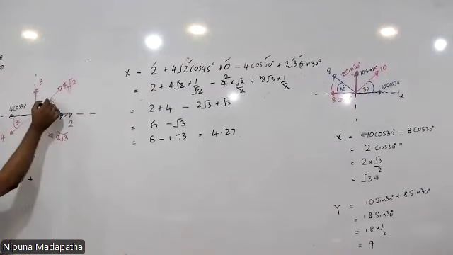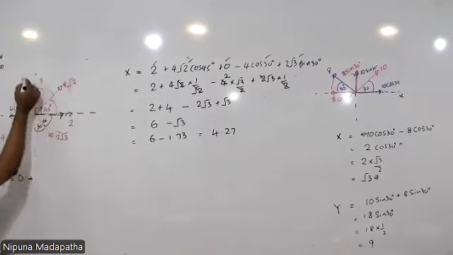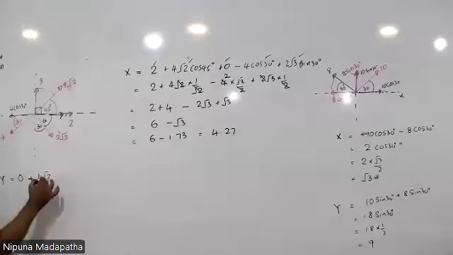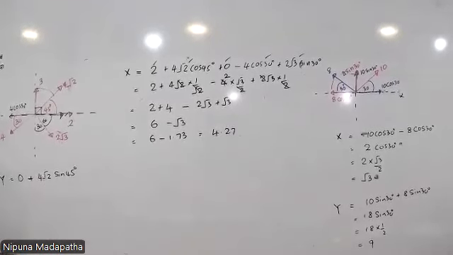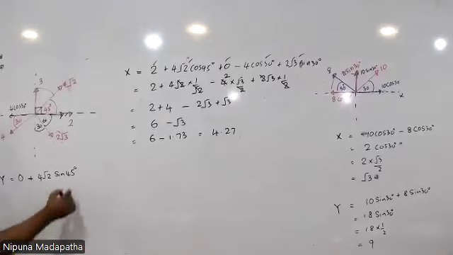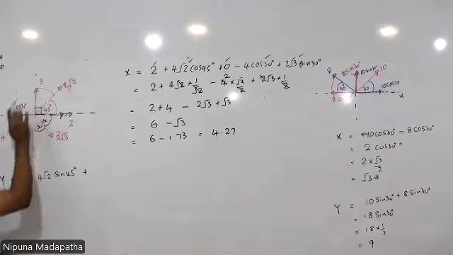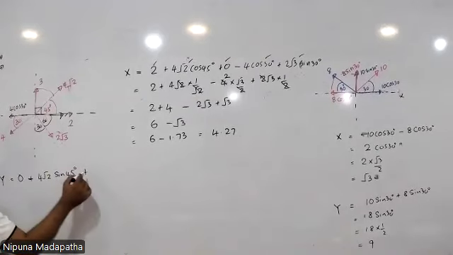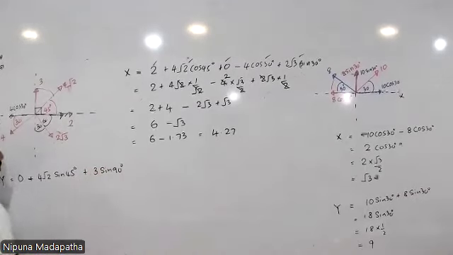Plus, the y component with this angle of 45 is 4 root 2 sine 45. Plus, in the y direction this angle is 90, so you can write it as 3 sine 90.